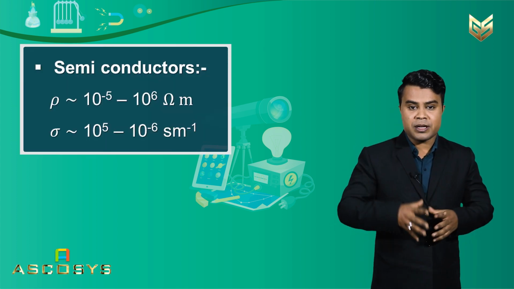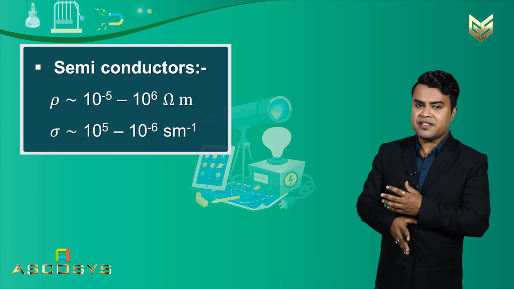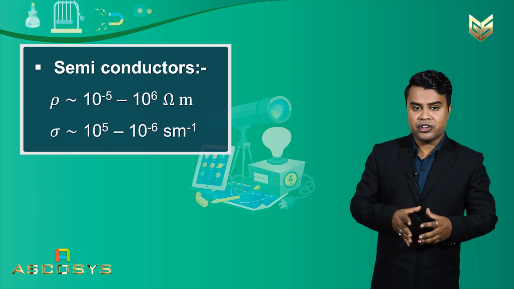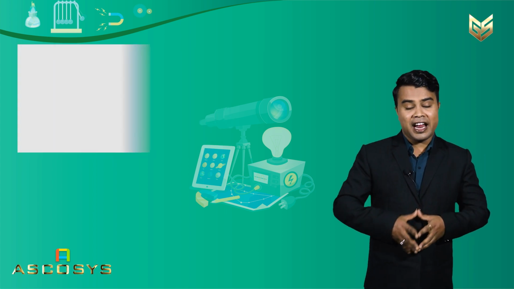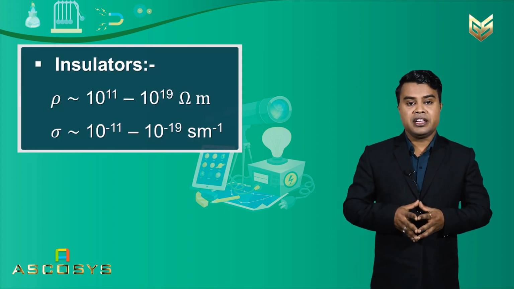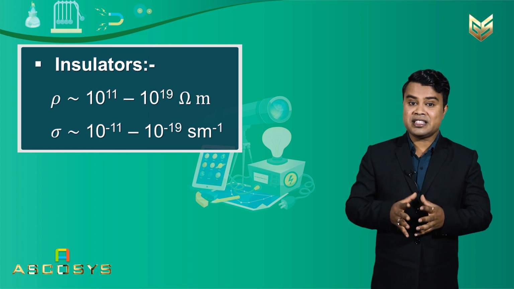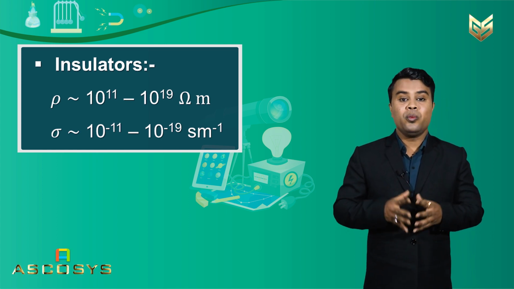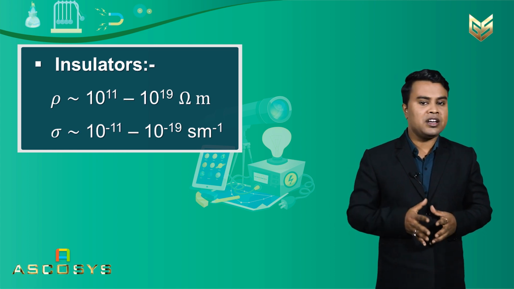Then we move to semiconductor. Its resistivity lies in a mid range and conductivity also lies in a mid range, which is shown on the screen. And if you go to insulator, you will see that the resistivity of the insulator is very high, whereas its conductivity is very less.